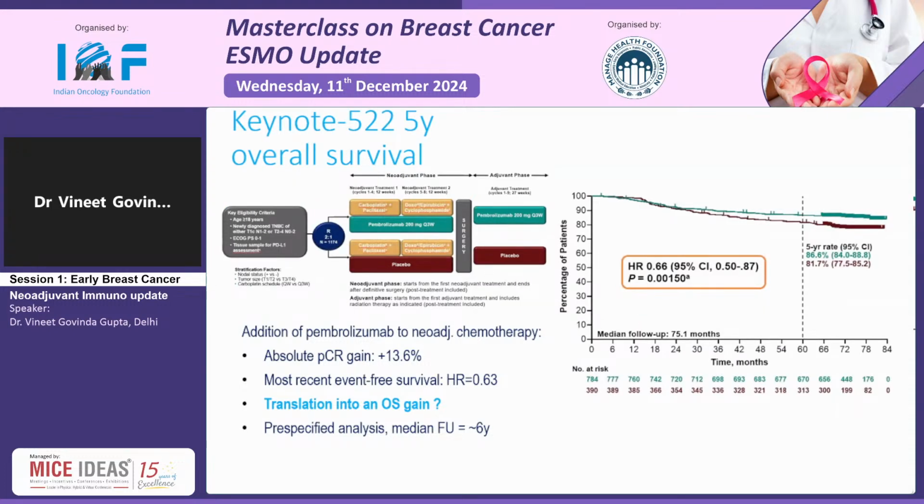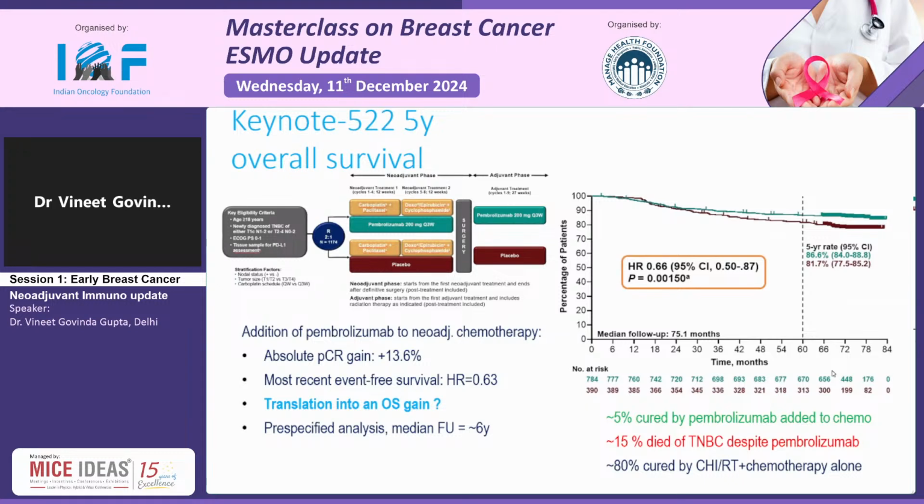If you look at the 5-year data from KEYNOTE-522, in the OS data you can see that the 5-year hazard ratio is 0.66 with a 95% confidence interval of 0.5 to 0.87, indicating a statistically significant improvement in overall survival.